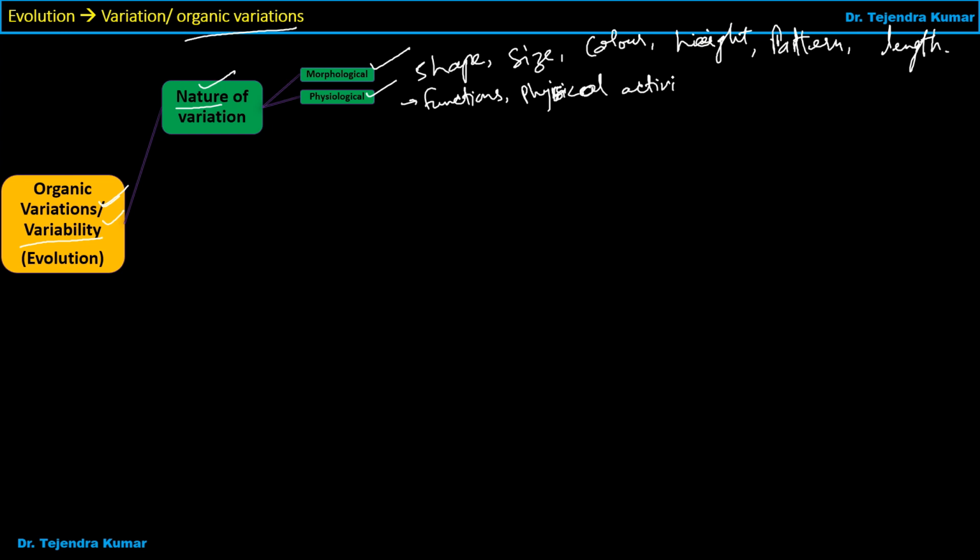These are different from one organism to another. Supposedly, I am talking about one being a herbivore and another a carnivore. Both have different kinds of digestive activities. These differences are based on the physiological.